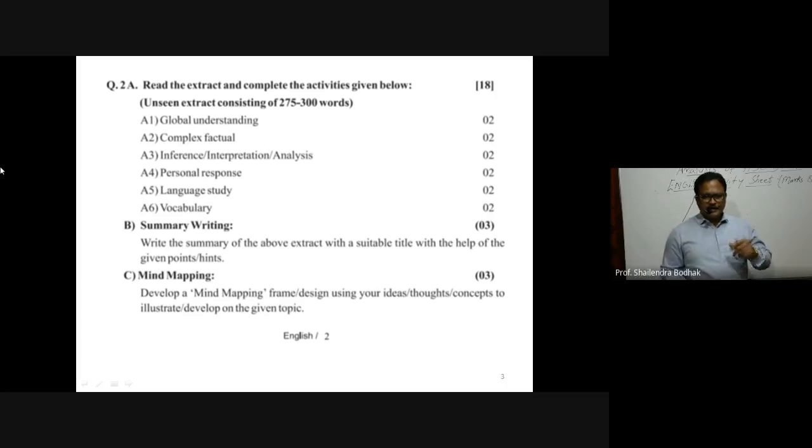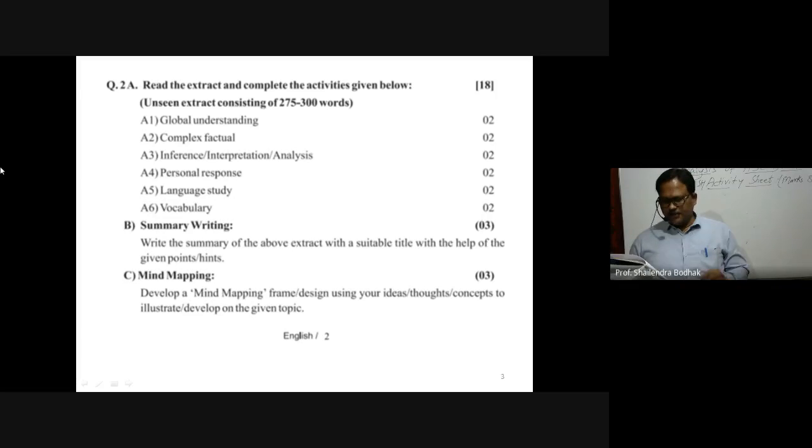Now, why do we want to mind map? Why is this question added in your question paper? Because mind map helps us to understand a particular topic or particular subject easily. It becomes easy when you mind map any topic or subject which you find difficult. Okay, why? Because brain is not a refrigerator.